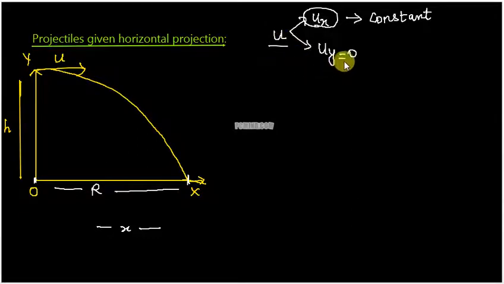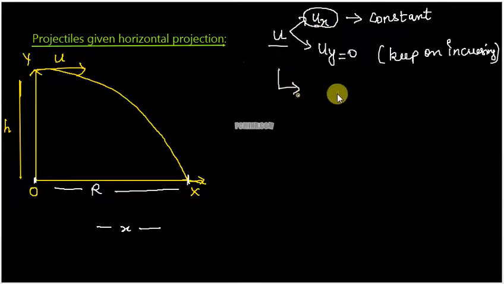But uy, though initially it was 0, will keep on increasing, because of the force of gravity acting downwards. And since ux is constant, ax, the acceleration along the horizontal, will be 0. And ay, the acceleration along the vertical, is going to be g, that is the acceleration due to gravity.